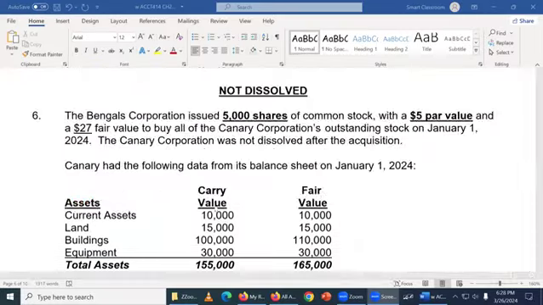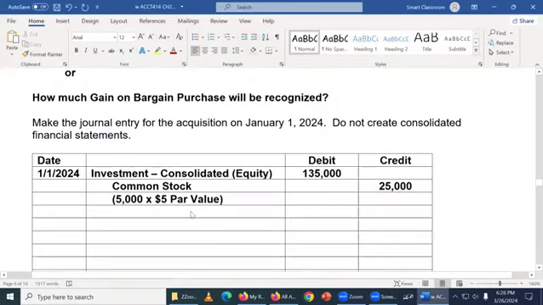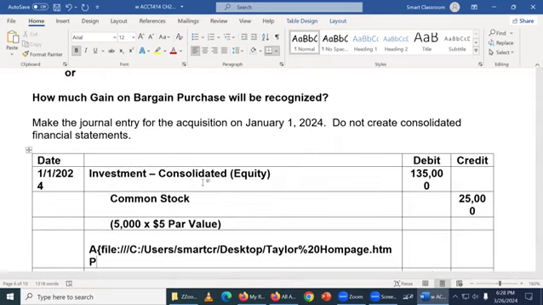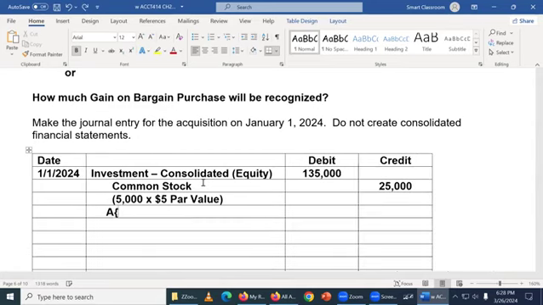How much is it above the par value? You guys probably went through this in your other accounting classes. So additional paid-in capital, and you can abbreviate this APIC.